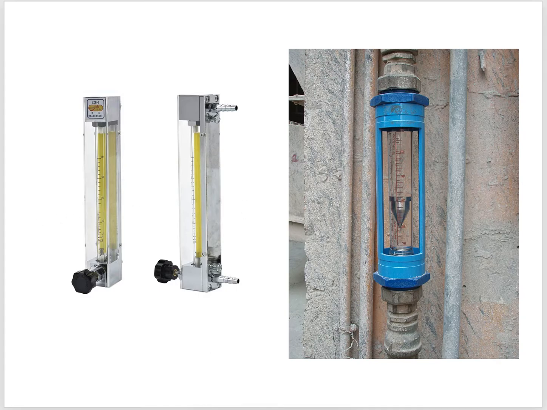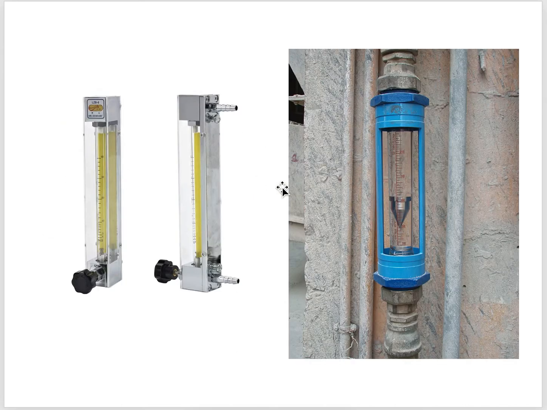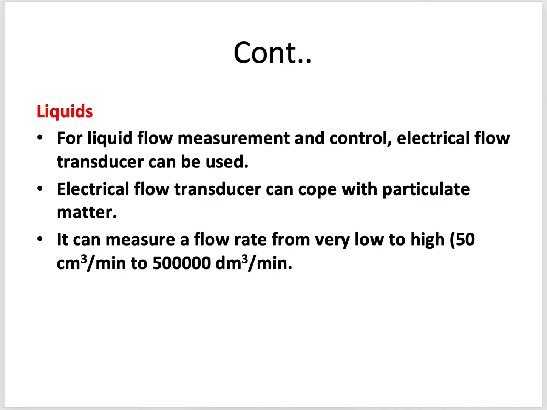For liquid flow measurement and control, an electrical flow transducer can be used. A rotameter can also be used, but usually electrical flow transducers are used. An electrical flow transducer can cope with particulate matter, all the particles which the liquid contains.